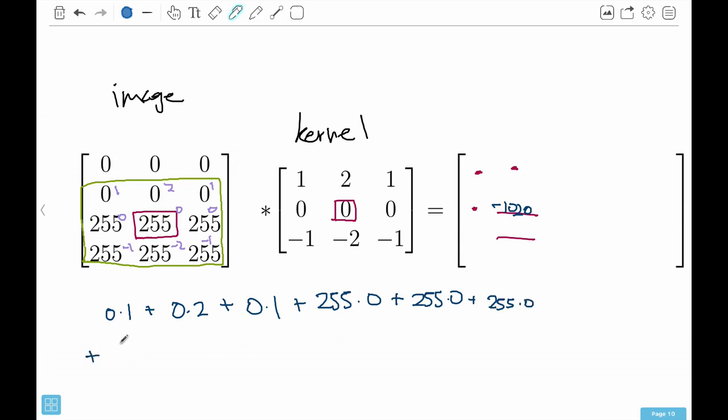Move on to the next here, and we have 255 times -1 plus 255 times -2 plus 255 times -1, and I'm just going to give you the answer here. It's -1020.